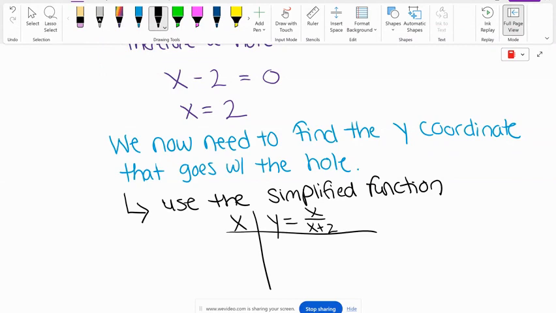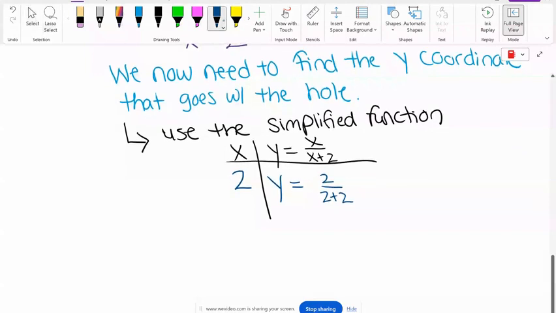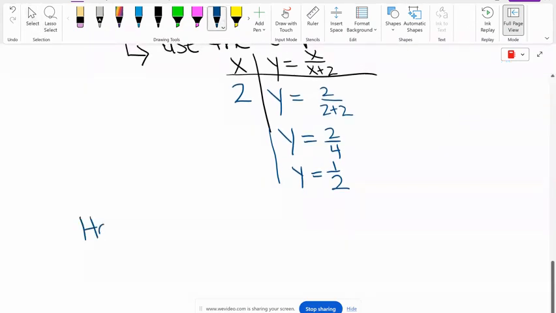And now we're going to plug in our value for x, which is 2. So y will equal 2 over 2 plus 2. So y will equal 2 over 4, which is a half. So now our hole will be at the point 2 comma a half.